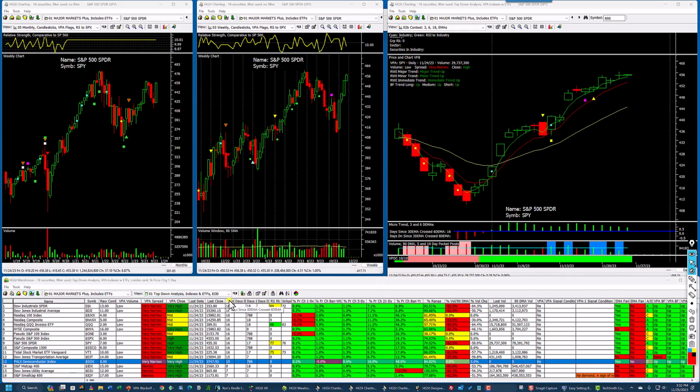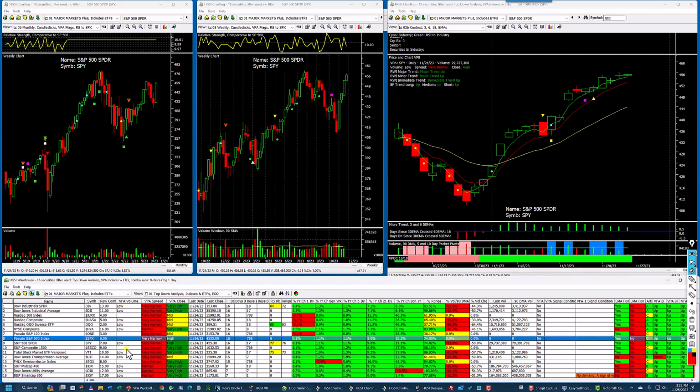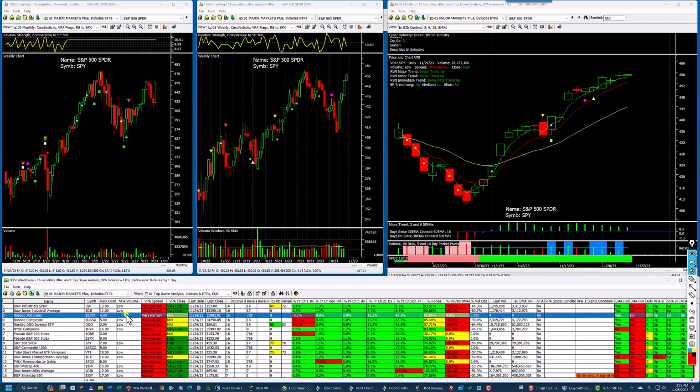This is the days since the 3 crossed the 6. Now this is going to show me all of the indexes that fired on that day, whether they had volume or not. When there's a blank here in these windows under the VPA volume, that means that these indexes did not or do not have volume.